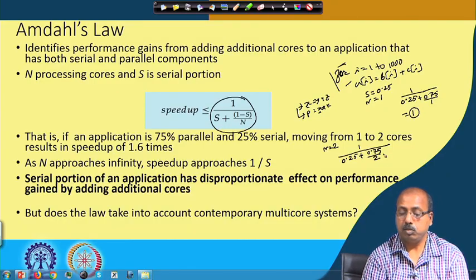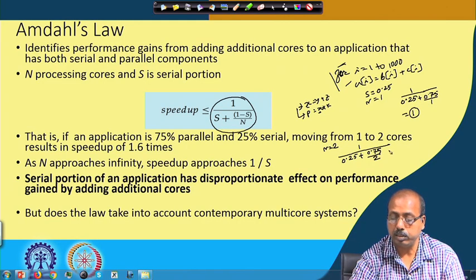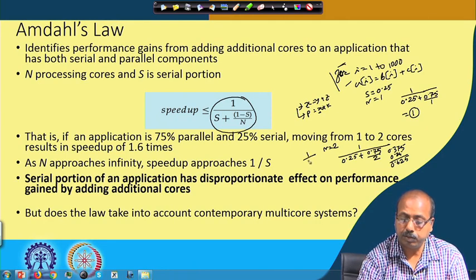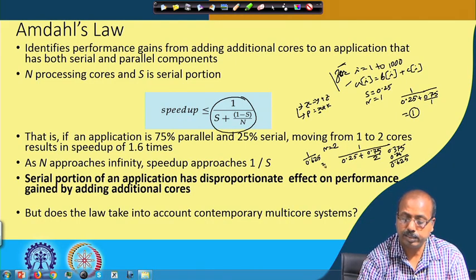So, 0.75 by 2 is 0.375, and 0.375 plus 0.25 makes 0.625. So, 1 upon 0.625 is about 1.6. So, this is equal to 1.6.